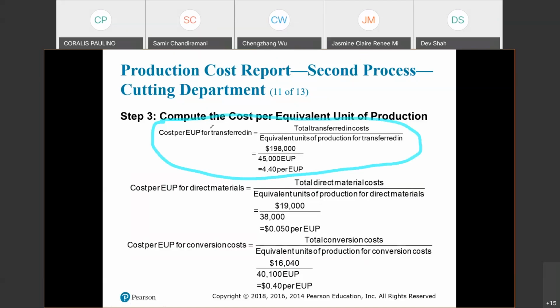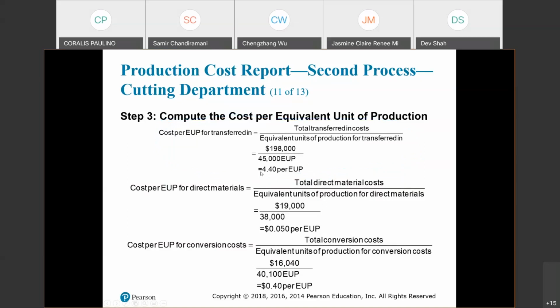Well, if you have a good memory, you may find that this number is consistent with the unit cost calculated from the previous department.